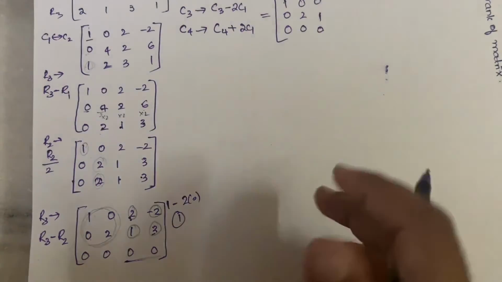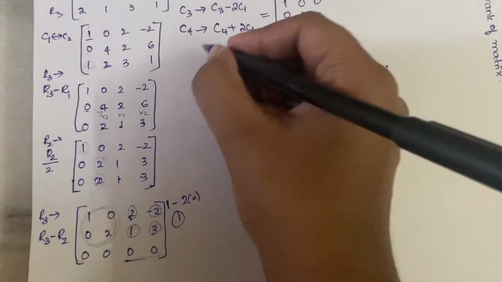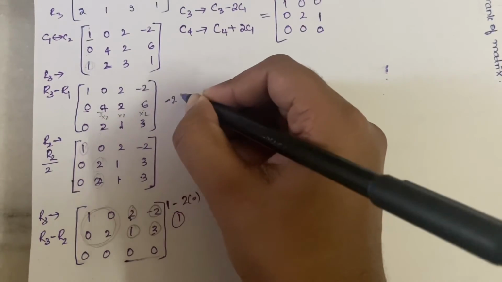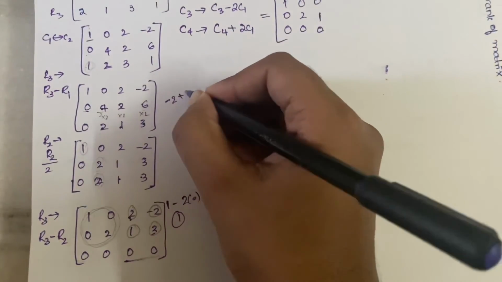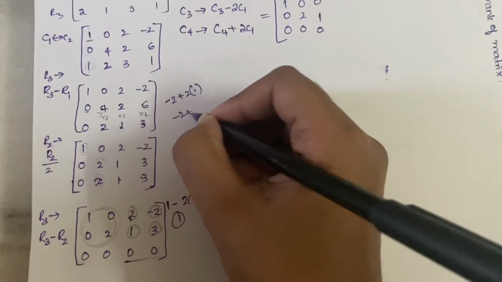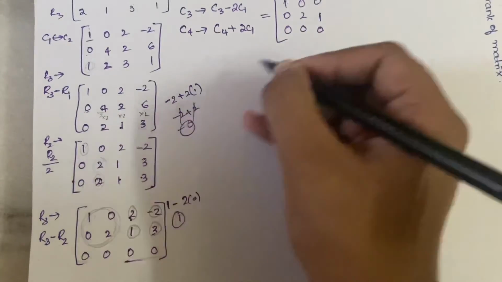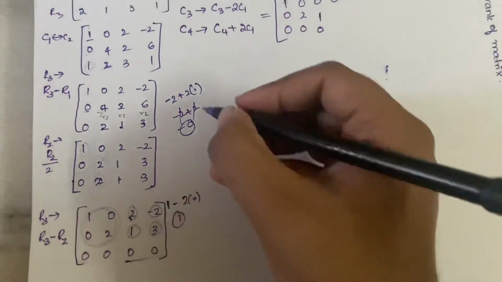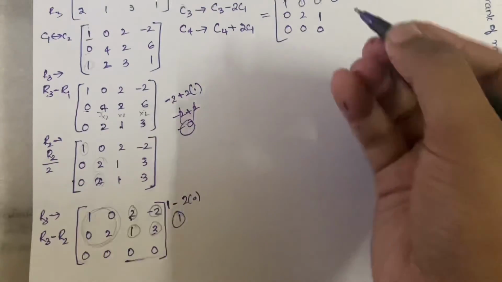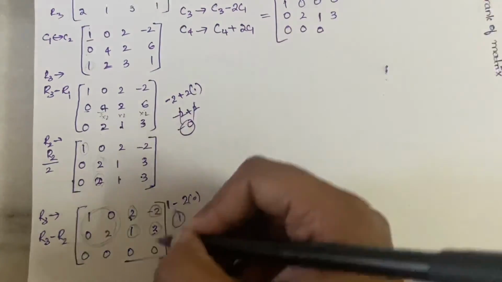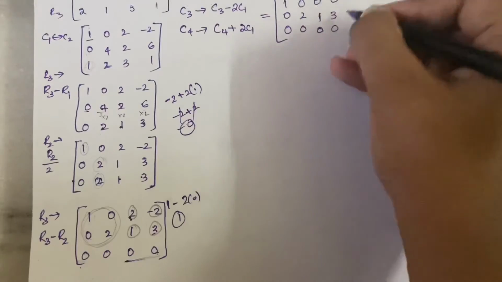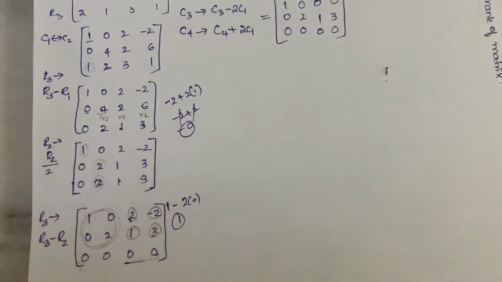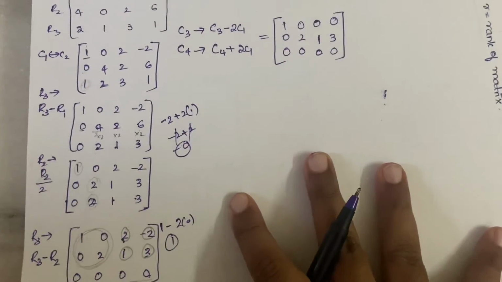Now, C4. C4 is minus 2, minus 2 plus 2 into 1, minus 2 plus 2, 0. Next 3 minus whatever you do with 0, you get 3 only, and again here also 0, here also 0. Any operation you will get 0 only. Okay, done. Sorry if you're not able to see it properly.